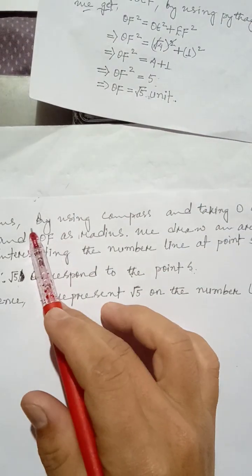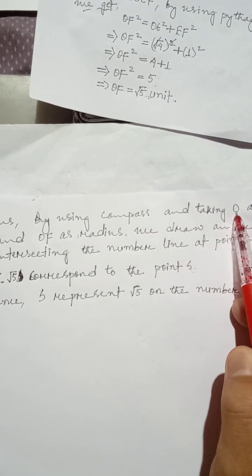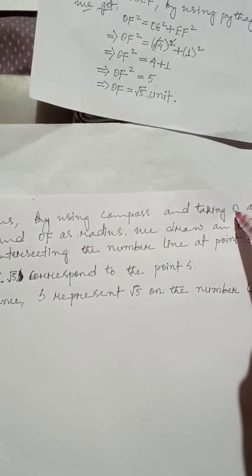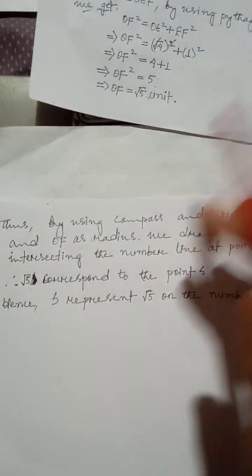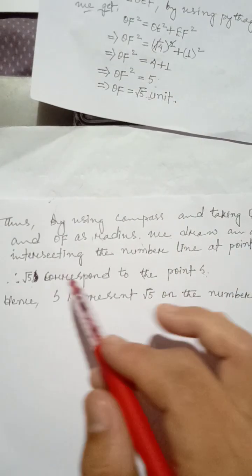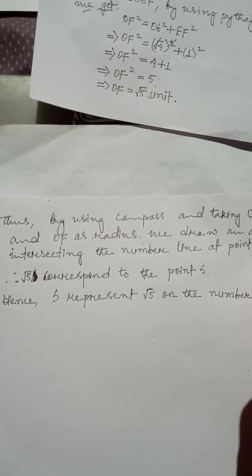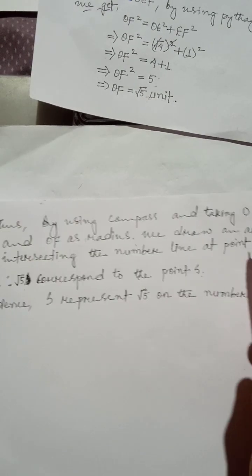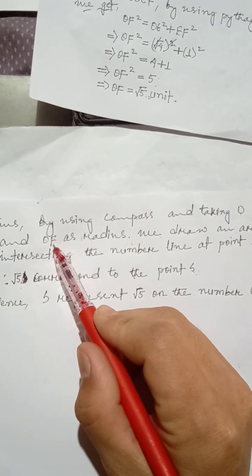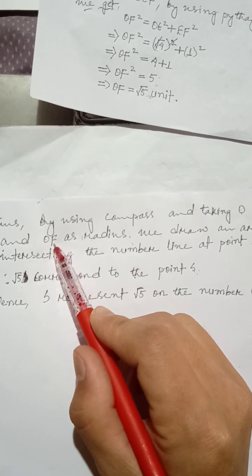So here let us write: by using a compass, taking O as center and OF as radius, we draw an arc intersecting the number line at point S. Actually, we're going to deal with root 5 on the number line, so for that reason we are taking OF instead of so many other sides like OD, OB.